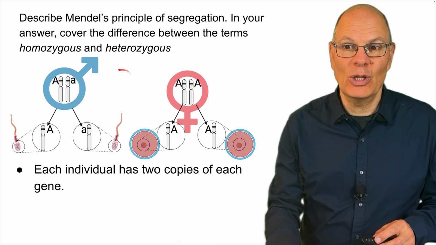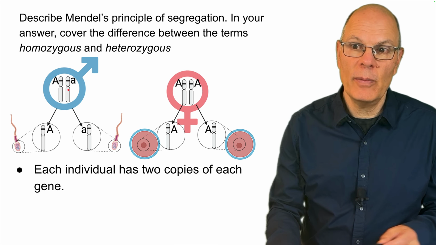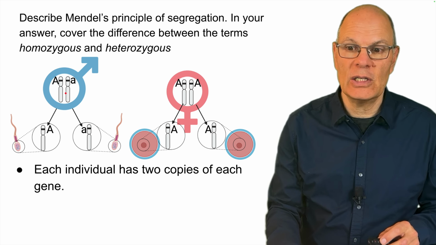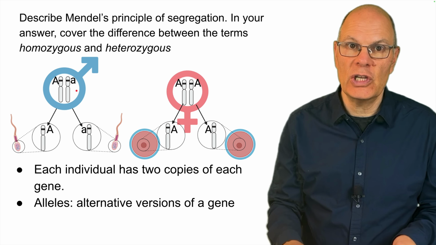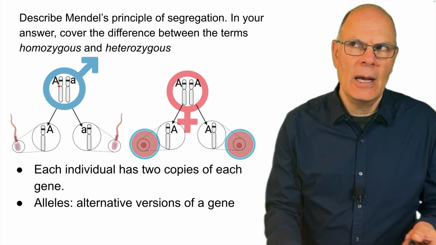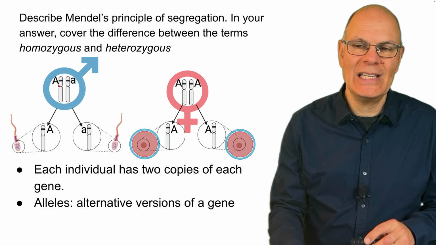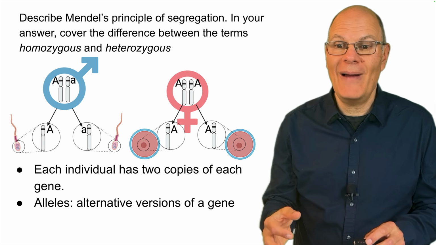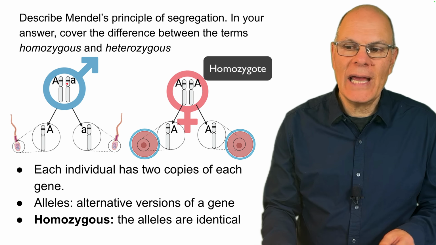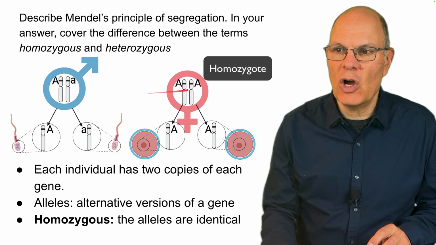Those copies are located on the chromosomes that are organized into homologous pairs. The alleles are alternative versions of those genes that might have different DNA sequences that will produce proteins that have different amino acid sequences. Homozygous means that the 2 alleles are identical.